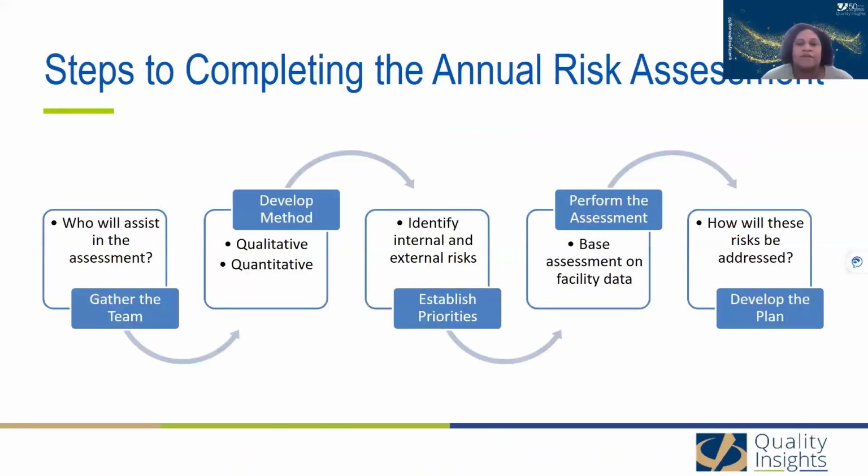Now let's break down the risk assessment process into manageable steps. It may seem a little overwhelming at first, but we'll take a look at each step from gathering your team to utilizing your results, because each stage plays a vital role in creating a comprehensive risk profile for your healthcare environment.